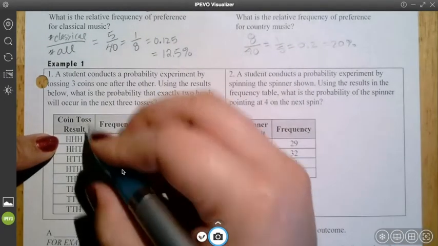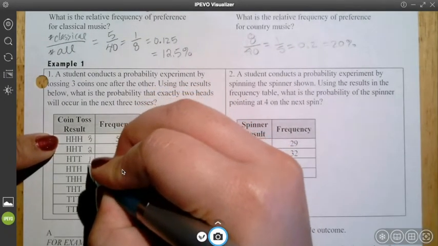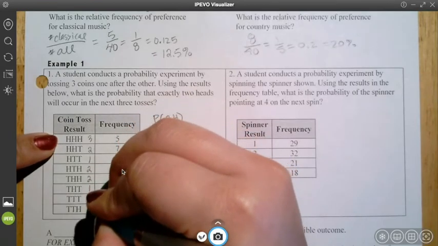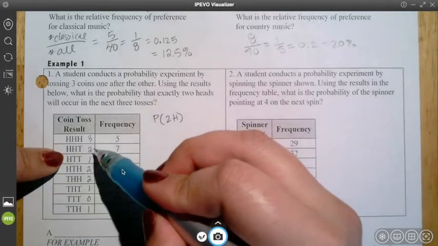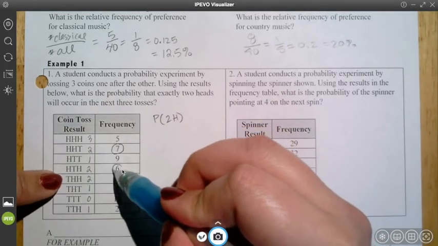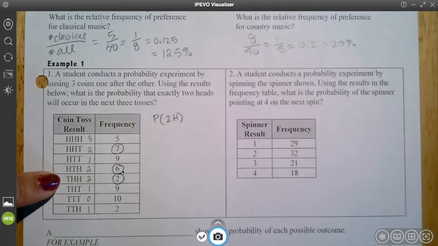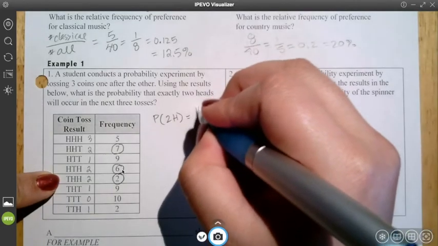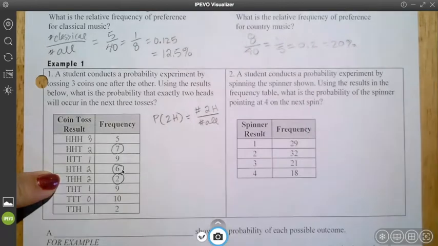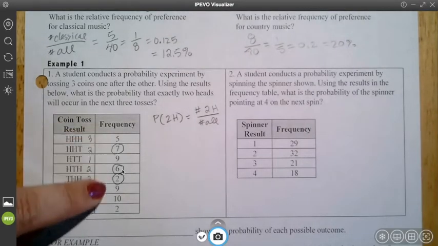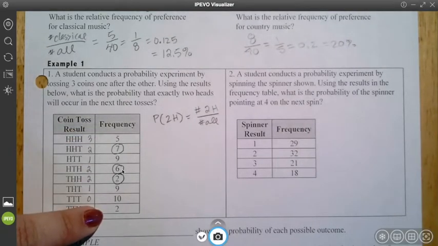So how many of these have 2 heads? This one, and this one. So we want the numbers that have 2 heads over all. Well, how many tosses were there? I have to add up all of these frequencies in order to know how many tosses there were.